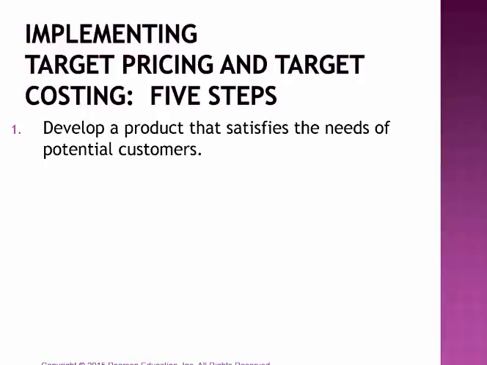And we've got to keep in mind that we have to view our price and our product from the eyes of the customer. Okay, so if we are going to be giving them more product attributes than they are willing to pay for, then they're not going to buy it. So we just need to satisfy what their needs or wants are.